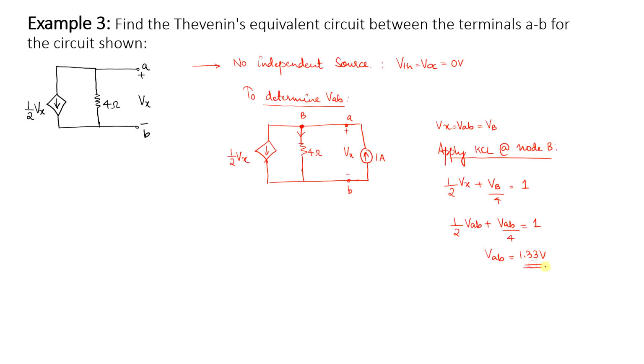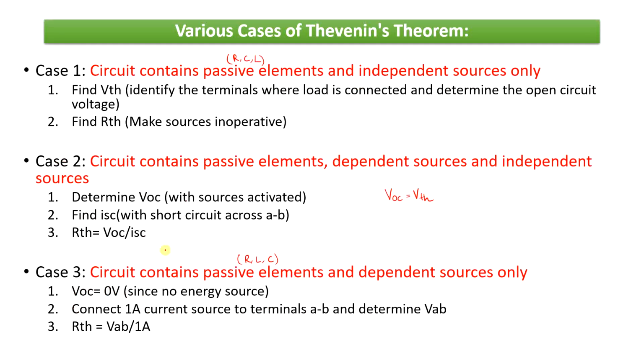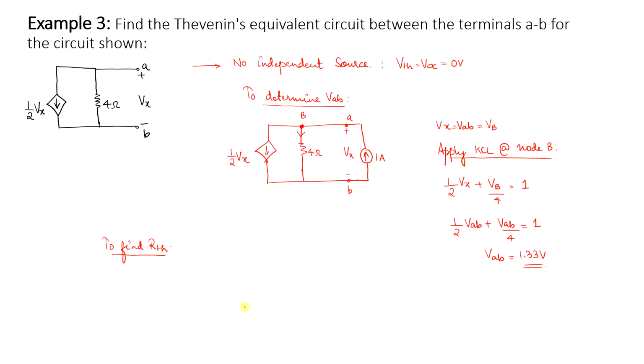Next we need to find R Thevenin. So to find R Thevenin, the procedure says it is the ratio of VAB divided by the current source that we connected, that is 1 amp. So you have R Thevenin equal to VAB divided by 1 amp, which is equal to 1.33 ohms. Next, you need to draw the equivalent Thevenin circuit.